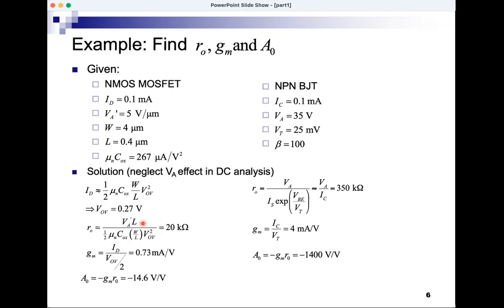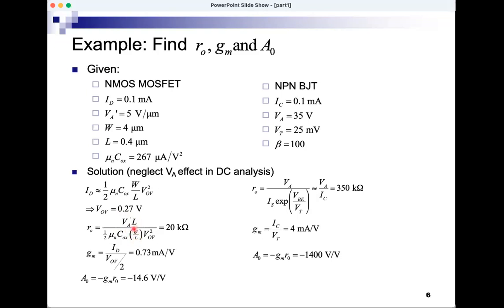Now, one thing about MOSFETs is that W and L are dimensions that we can control. So W and L, for electrical and computer engineers, are 2 parameters that we can set. When we design a circuit, we can determine and set W and L. So maybe we can make L bigger. And if I make L bigger, then this will be bigger.